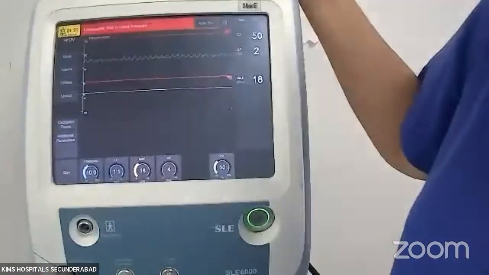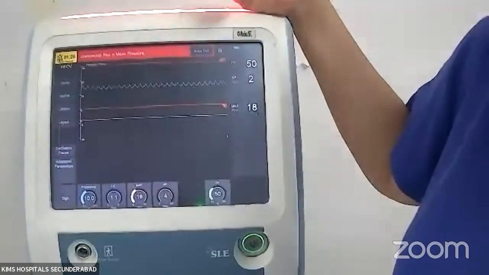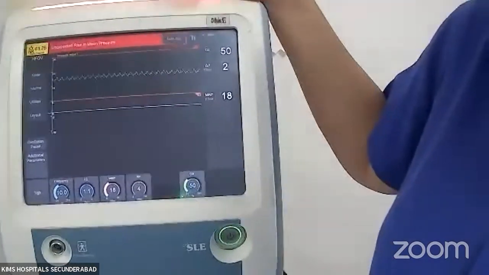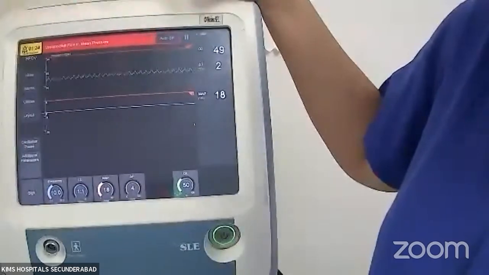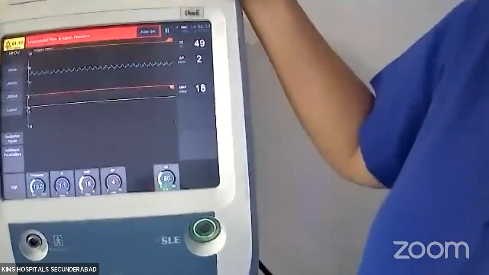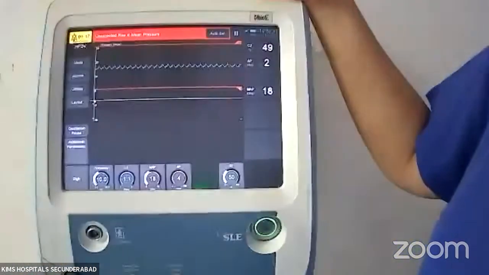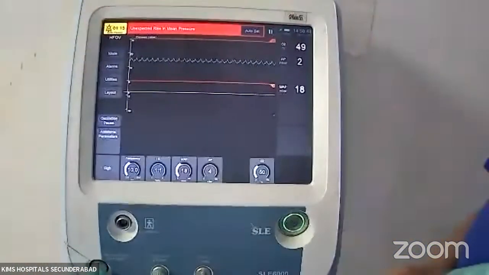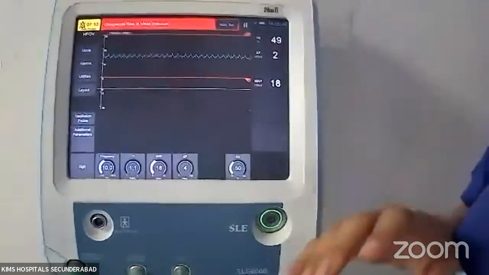So if there is hypoxia or decrease in saturations despite 100% FiO2, or if the PaO2 when measured in the blood gas is below 50 millimeters of mercury, or if you're seeing CO2 more than 55 to 60 millimeters of mercury with a pH below 7.25.